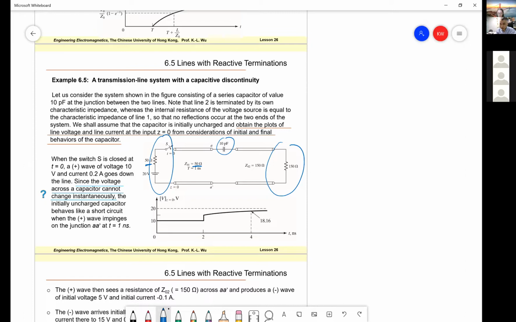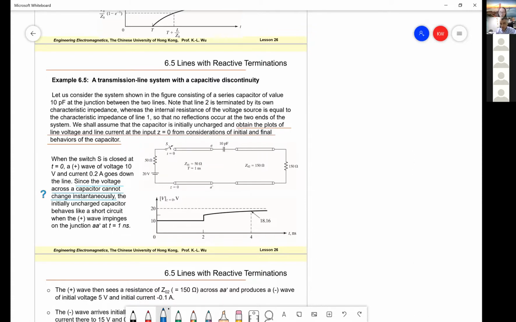So the wave hitting the source has zero reflection because it is matched. On the load side, the load impedance is 50 and the characteristic impedance of the connecting line is 50, so there is also no reflection coefficient.